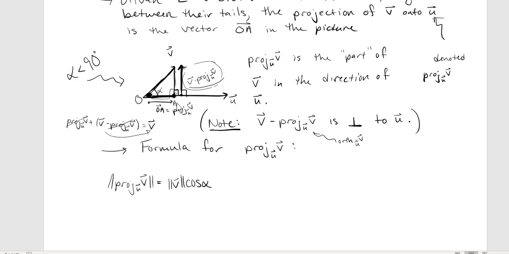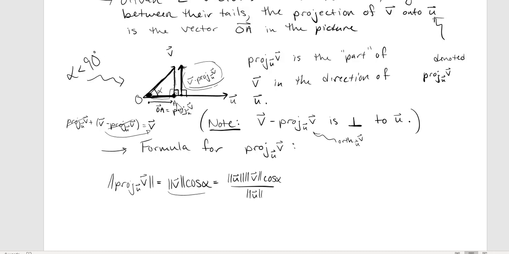But now we can remember a couple of things about dot products. If I multiply a magnitude of u into top and bottom, of course the u's cancel, I get back where I started. So this is a perfectly reasonable step I took here.